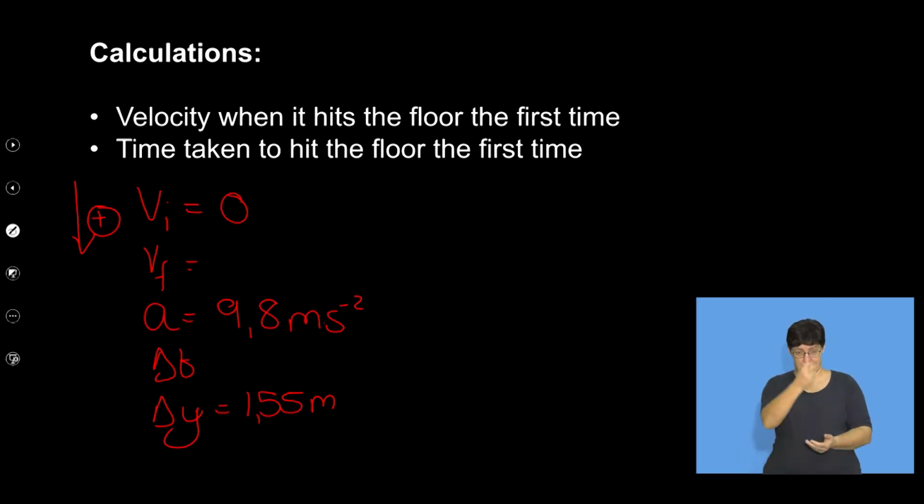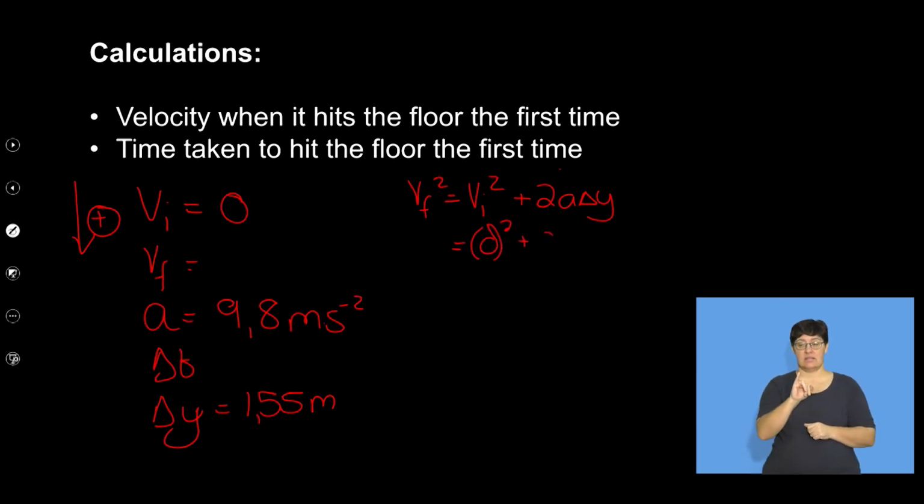Okay, I want the velocity when it hits the ground for the first time. Going back to our equations of motion, the best equation is delta y equals vi delta t. No, I can't use that one. I'm lying to you because I don't actually know time. So that's not a good one. The one I'm trying to get to is Vf squared equals Vi squared plus 2a delta y, where Vi is 0. This is 2 times 9.8 times 1.55.